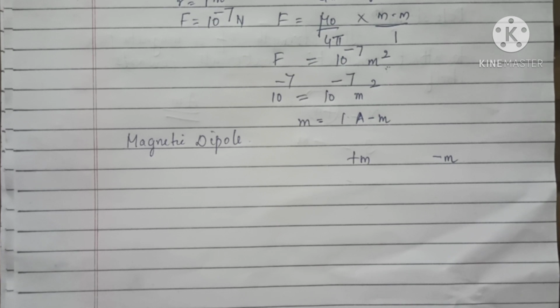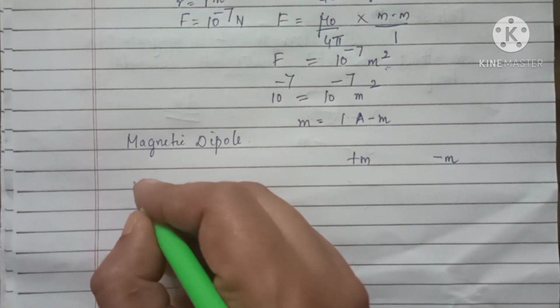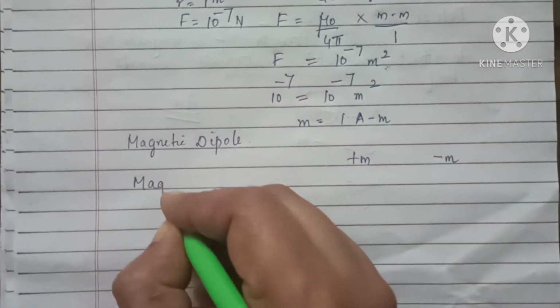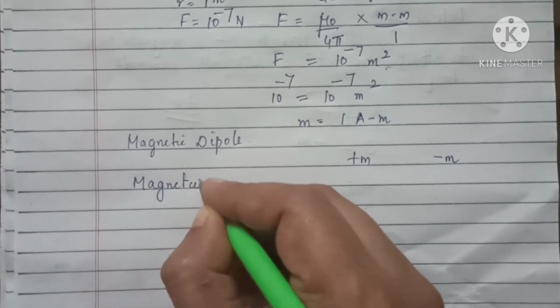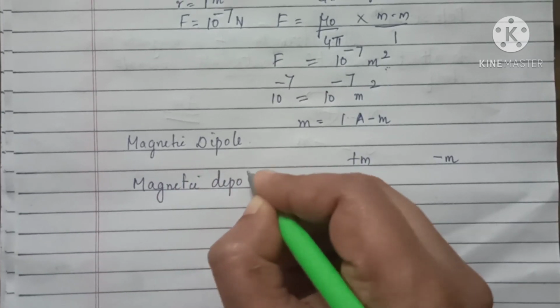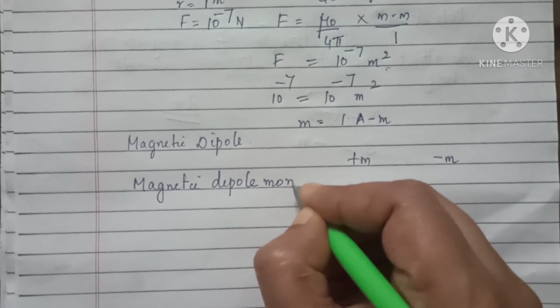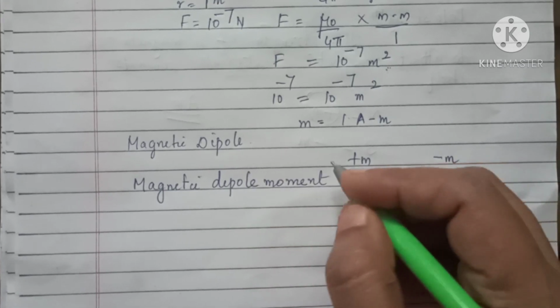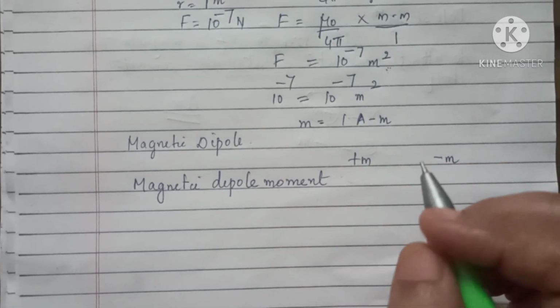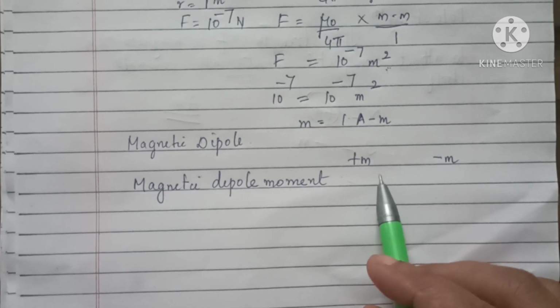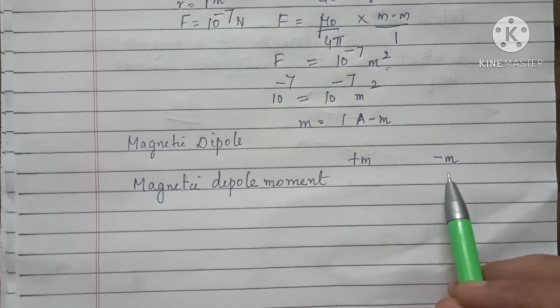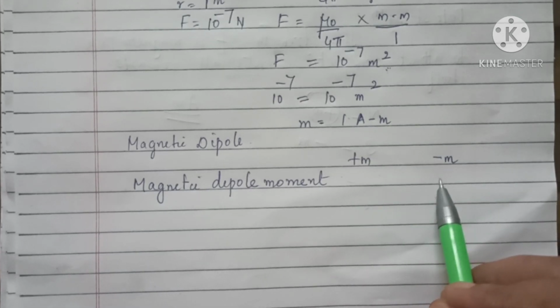Clear? Here we have to discuss one more term, like you have studied electric dipole moment. Here we have to discuss magnetic dipole moment. It is nothing but the product of the strength of either pole and the magnetic length of the magnet. Clear?